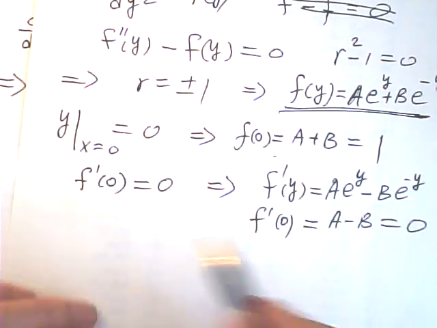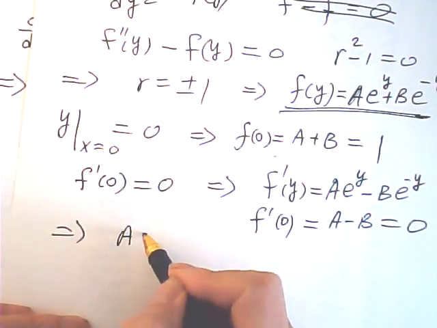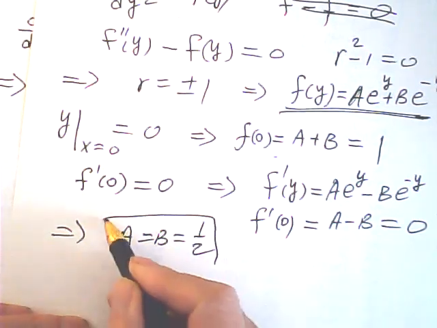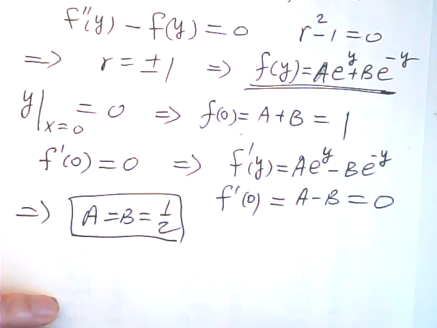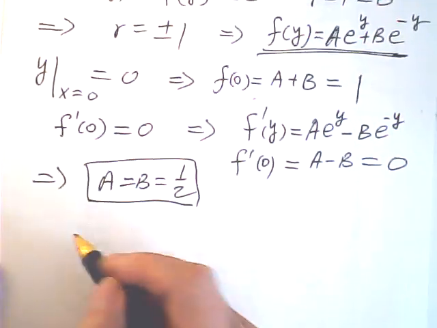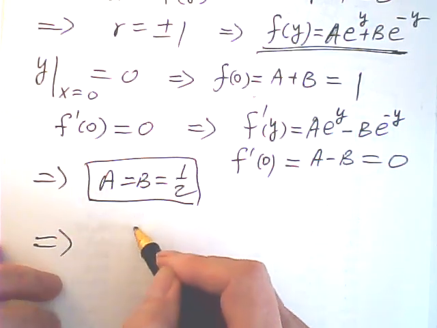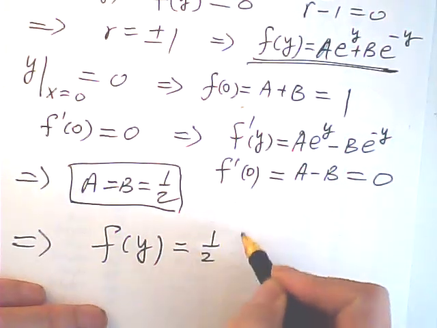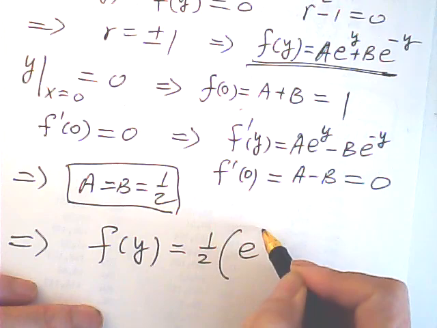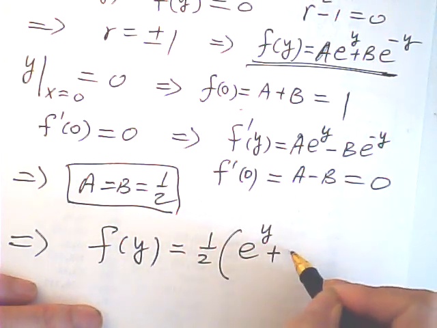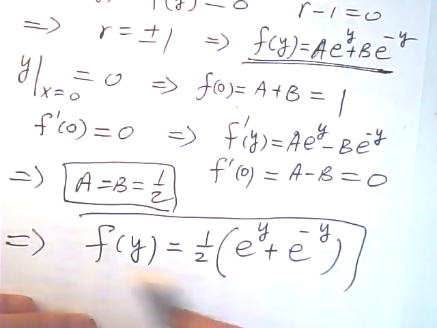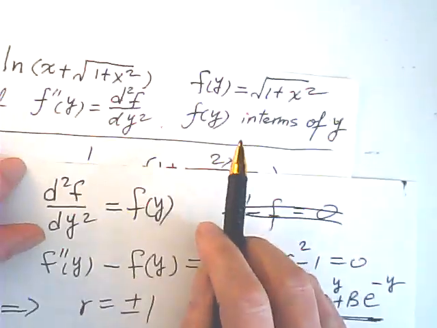From these two equations, we can find that a and b are both equal to half. Therefore, our function f of y is equal to 1/2 times (e to the y plus e to the negative y). That is the answer for our second question.